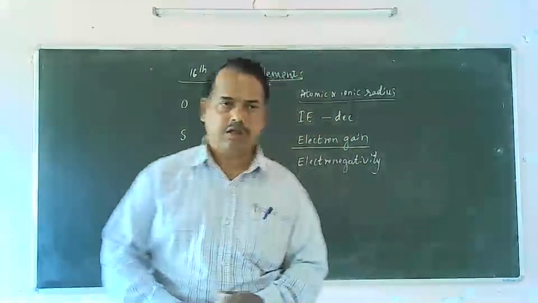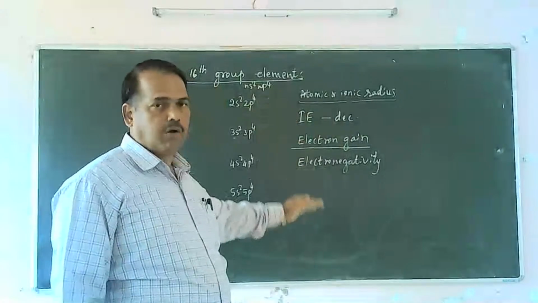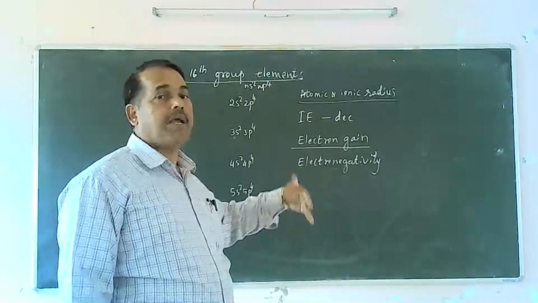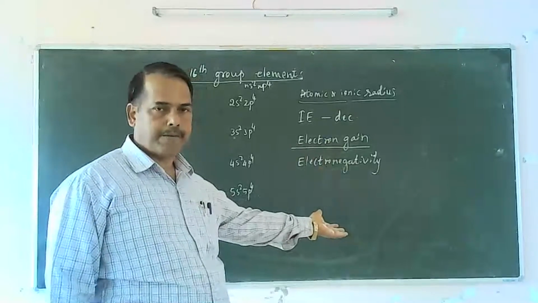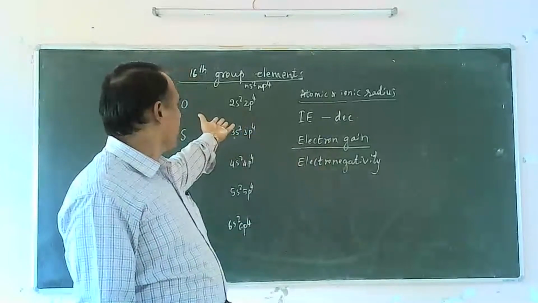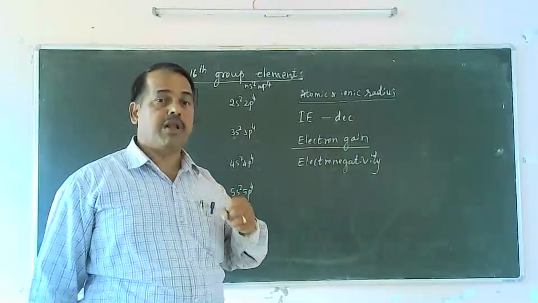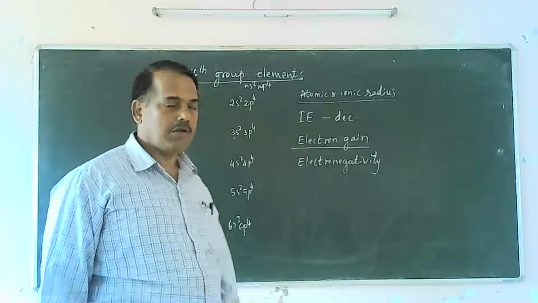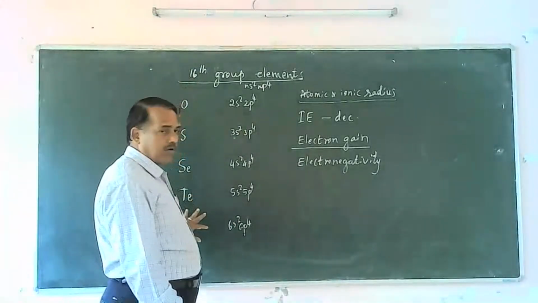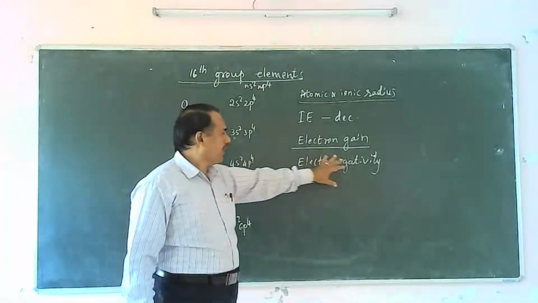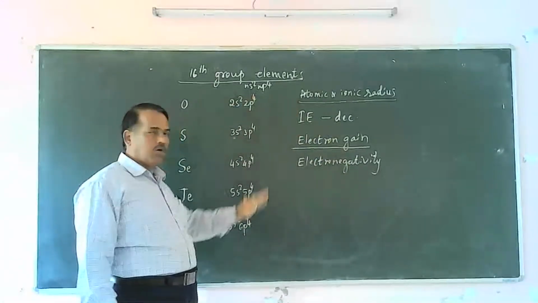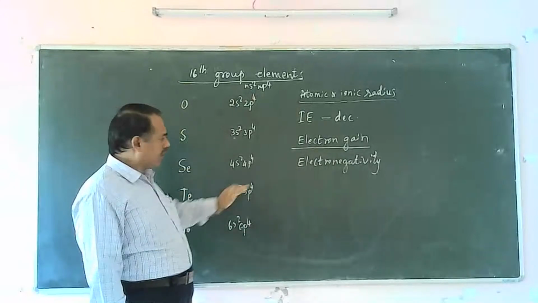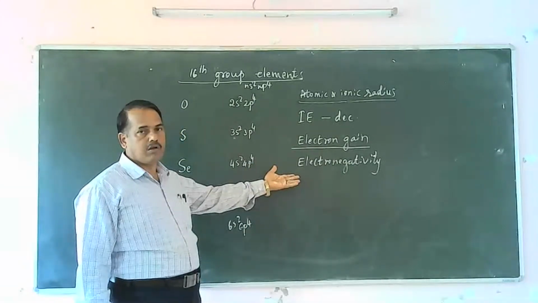Electronegativity again decreases down the group. As electronegativity decreases, the metallic character increases. Due to small size, the shared pair of electrons can be easily attracted by elements like oxygen and sulfur. As size gets bigger, electronegativity decreases down the group.